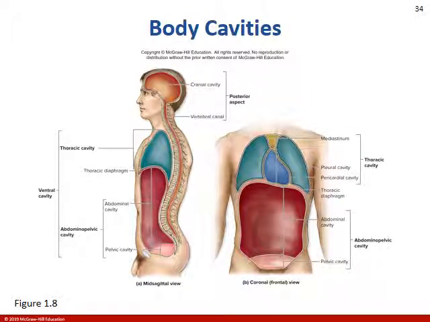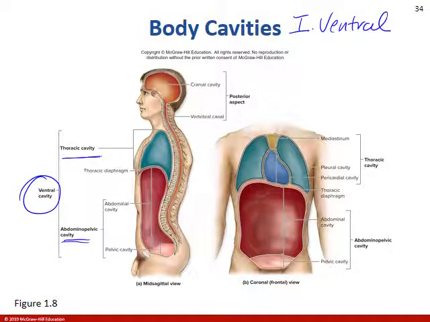Body cavities. So here's that term ventral again. On the ventral side, you have a thoracic cavity and abdominopelvic cavity. So sometimes it's nice to create an outline, right? Ventral cavity. What are the subcavities under ventral? Well, we have thoracic and we have, I'm going to abbreviate, abdominopelvic.